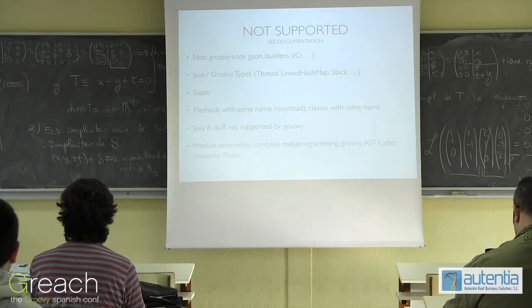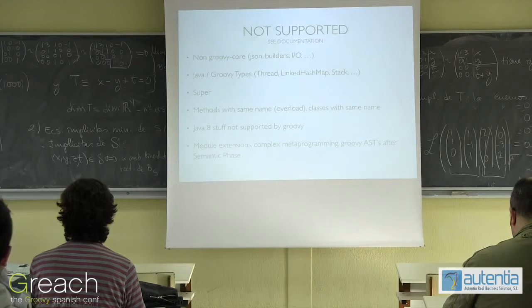So I don't want to detect the type of the parameters. So I prefer to say, hey, you can't have two methods with the same name. It's a restriction, but I think it's good for the performance of the library. So you have to keep that in mind. Also, all the things that Groovy does not support are not supported by Grooscript.